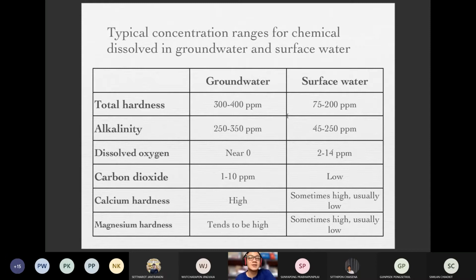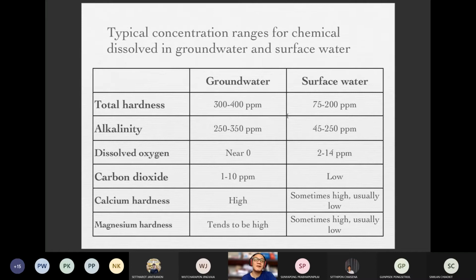Carbon dioxide in surface water is low, but in groundwater it tends to be higher, because surface water is exposed to the atmosphere, where carbon dioxide is only a small portion, so you will not find much carbon dioxide dissolved in a surface water sample.